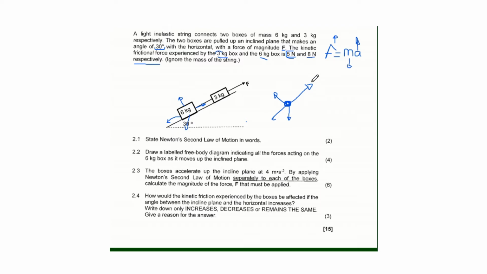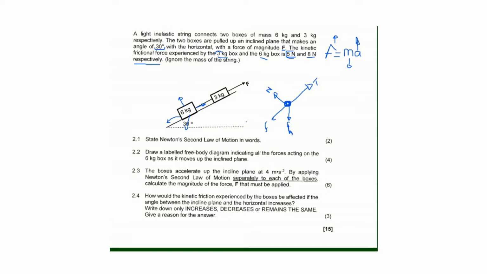Yeah, so it's like this, and then you can label them. So this can be the tension force, this one will be the normal force, this one will be the frictional force, and this one will be the force of gravity, or the force due to gravity, Fg. Yeah, so that is it.